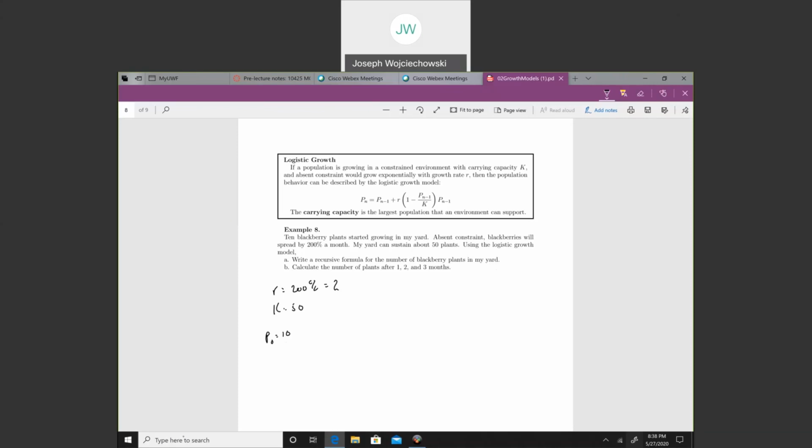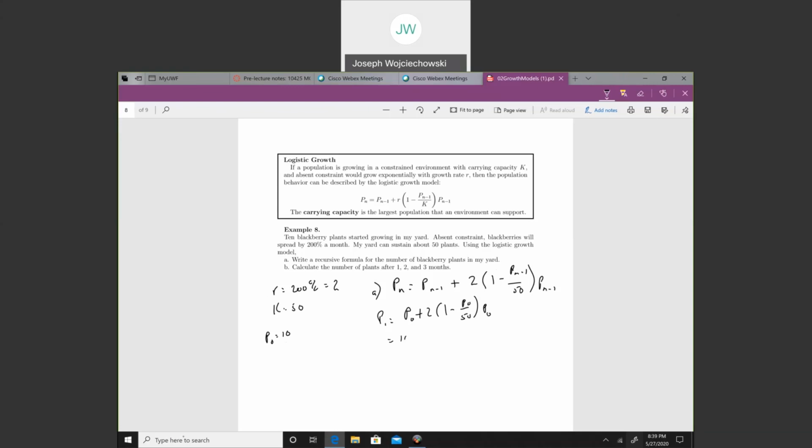The logistic growth model is P sub n equals P sub n minus 1 plus R, which is 2, times 1 minus P sub n minus 1 divided by K, which is 50, times P sub n minus 1. That would be our recursive formula. So let's find P sub 1. This would be P sub 0 plus 2 times 1 minus P sub 0 over 50, again times P sub 0.